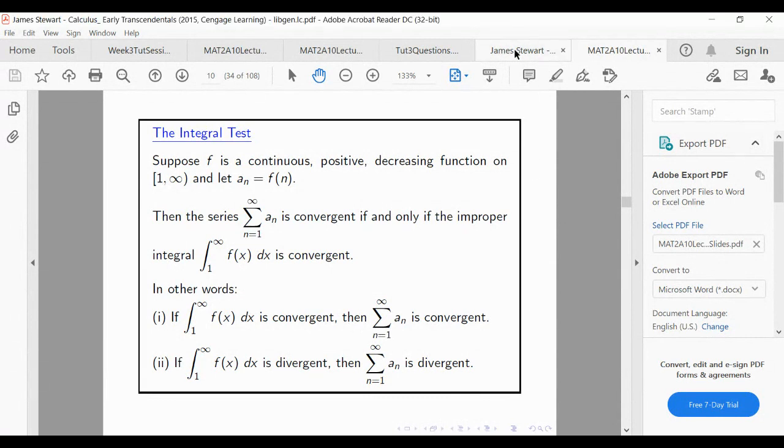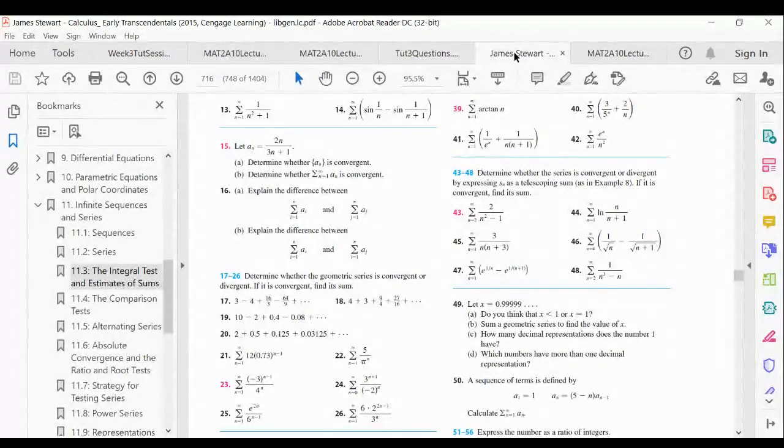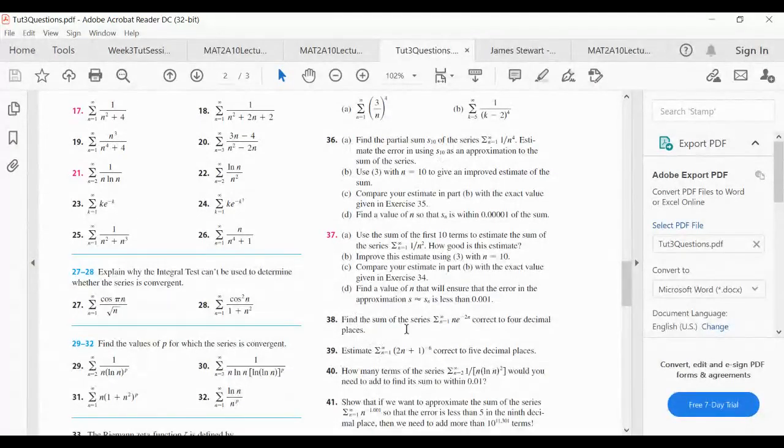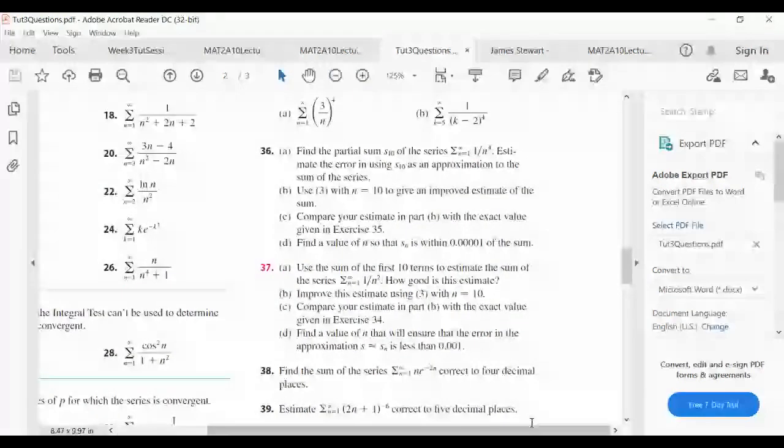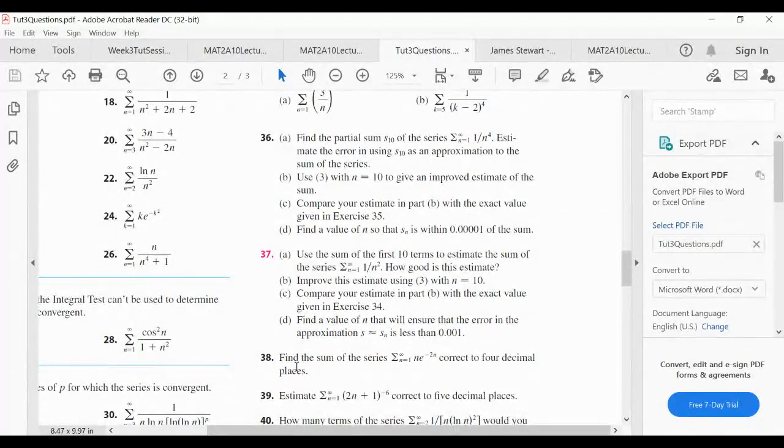So now let's go back to your question. There, 38. Find the sum of that series correct to 4 decimal places. Okay. So the first thing you need to see is that in order for us to apply this integral test, we need to come up with a function that's continuous on that interval starting at 1, for all real numbers larger than or equal to 1.